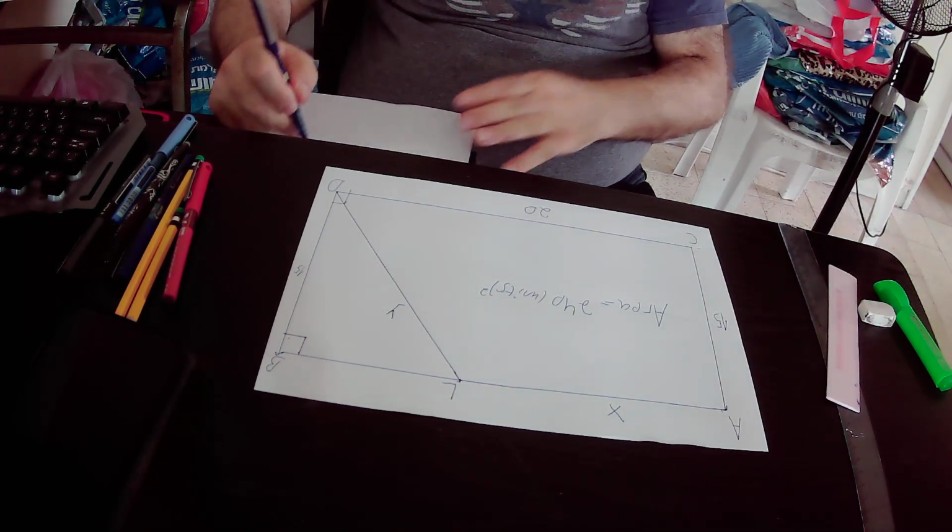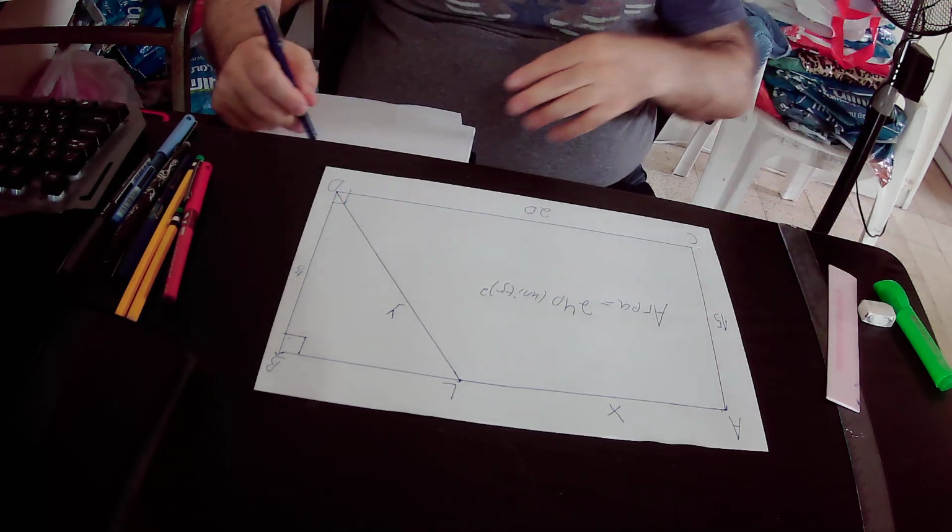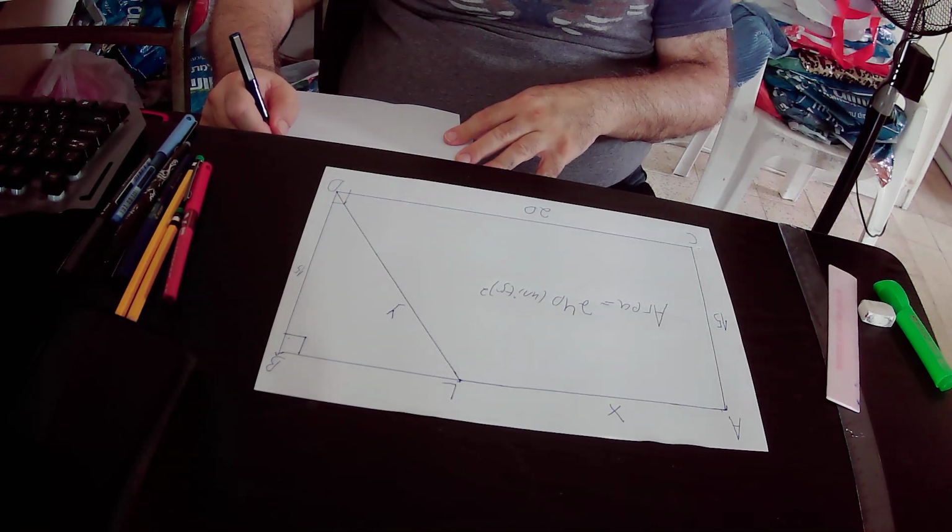So the area of rectangle ABCD that we created will be equal to 300 units squared.